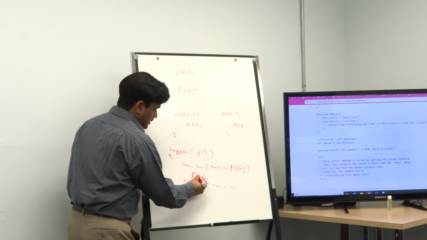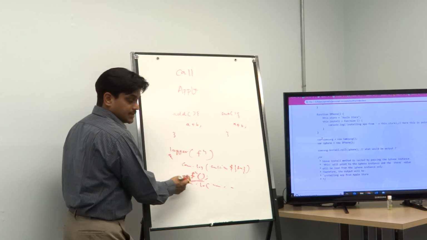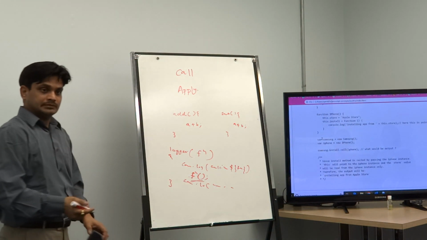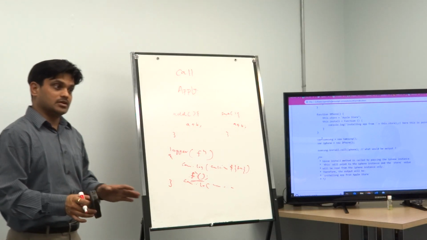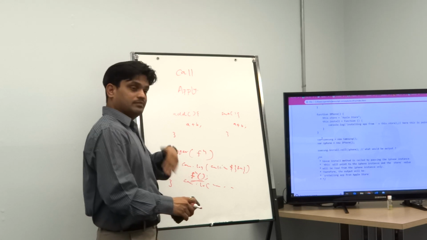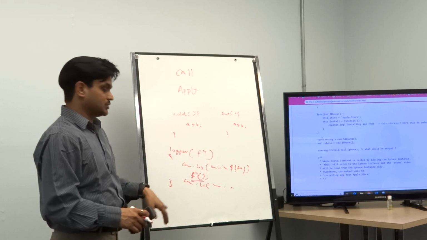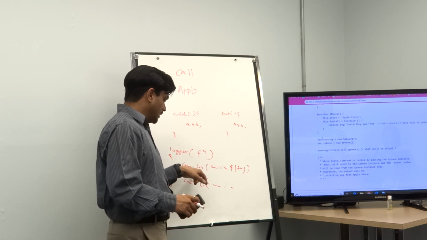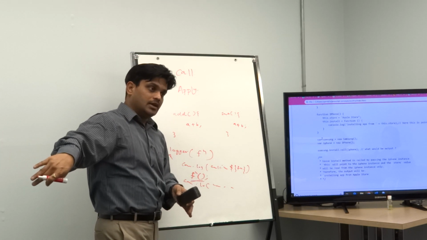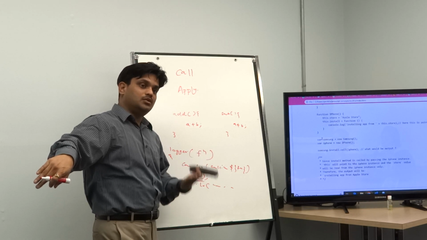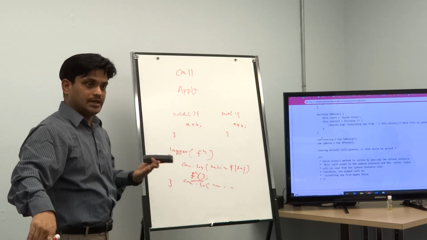If I am just calling a function and I do not put any context here, what is the context by default? Global context, right? I'm blindly calling this function. So the function which is being called is called with the global context. It is not called with any context.